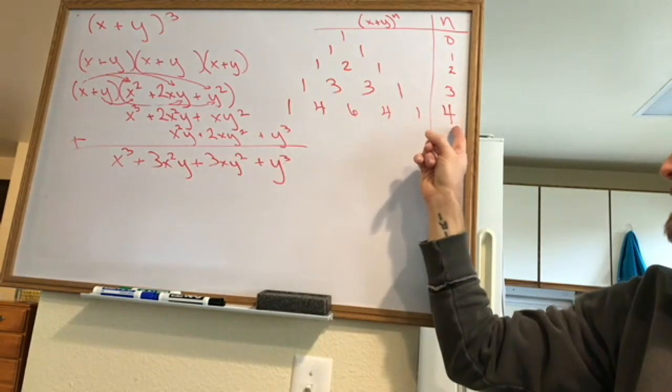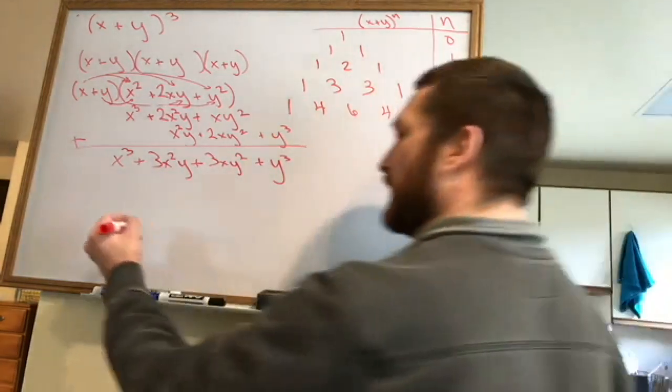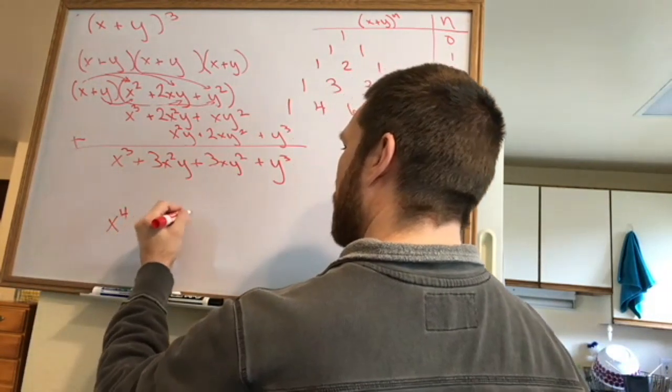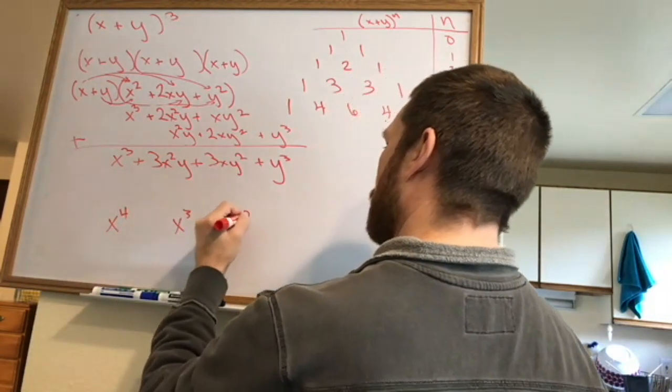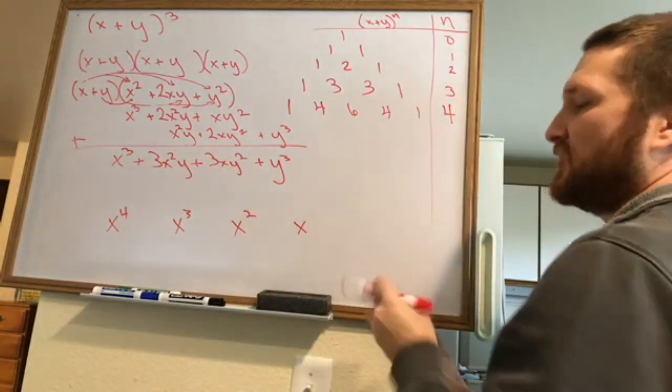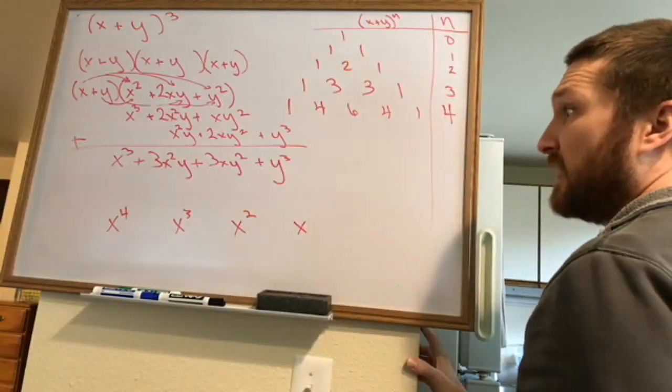It has to be raised to the 4th power. So I know that it's got to be x to the 4th, x to the 3rd, x squared, x, and then 0 x's, or x to the 0, which is the number 1.